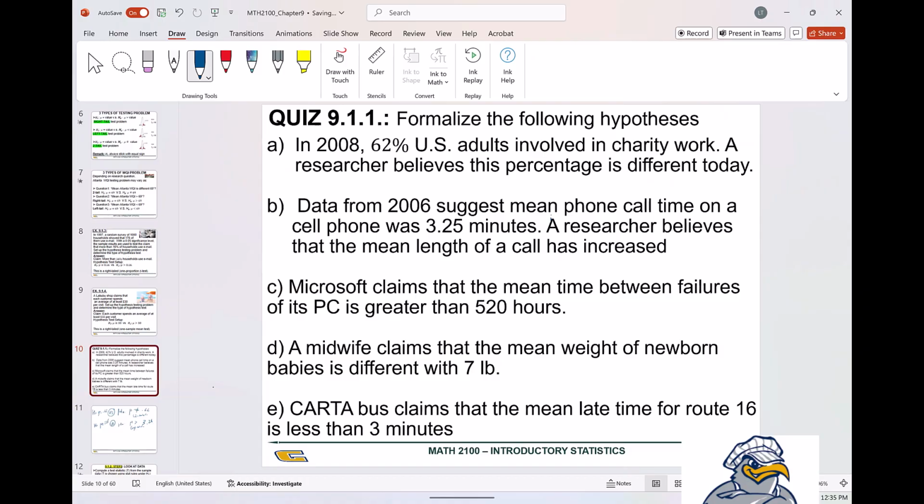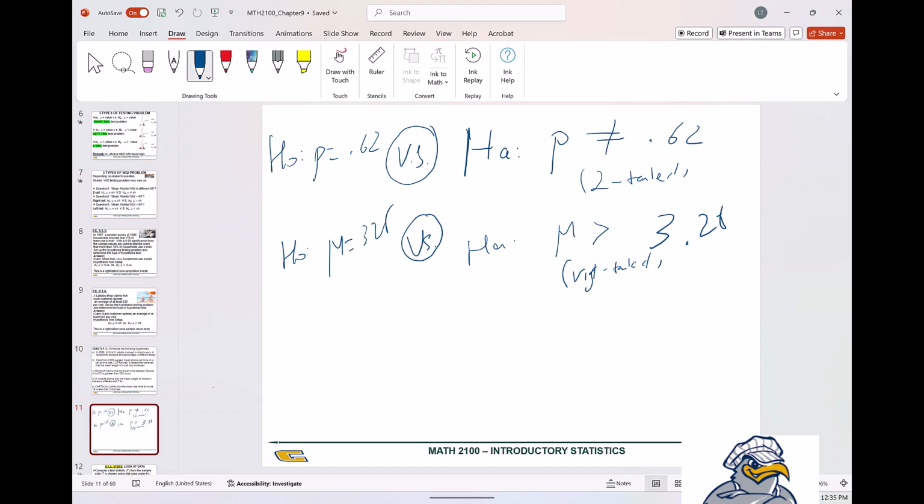Microsoft claims that the mean time between failures on its PC is greater than 520 hours. So again, here the mean.